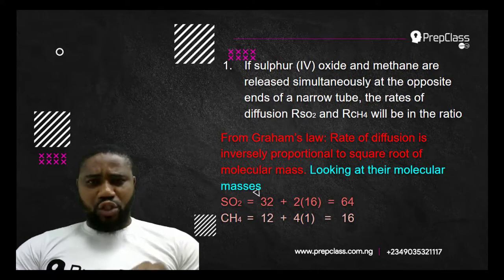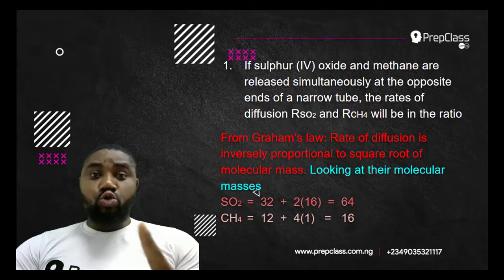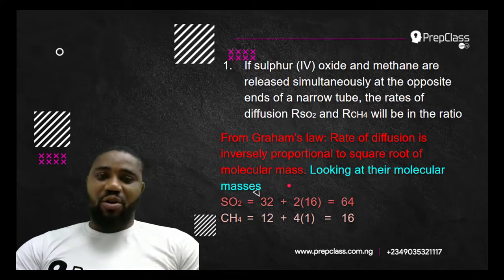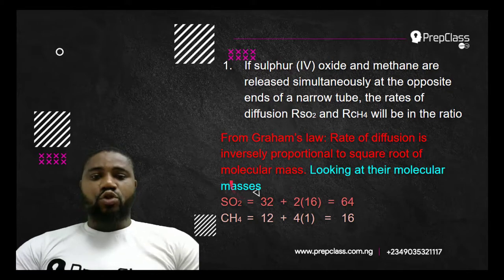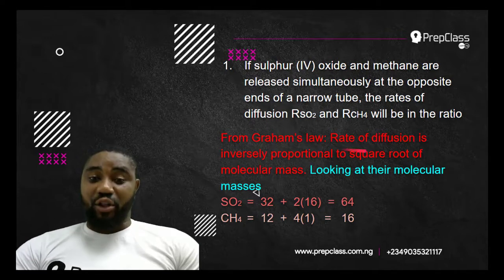Why? Because molecular mass is equal to 2 times the vapor density of a gas. So, restating Graham's law of diffusion: the rate of diffusion of a gas is inversely proportional to the square root of its molecular mass.